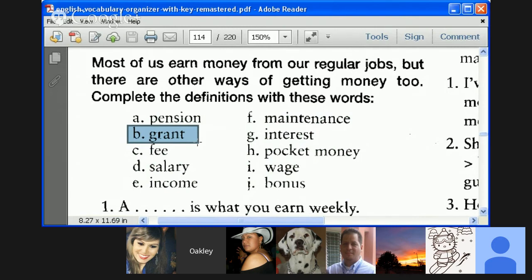Some types of organizations and businesses also give them. There are college grants. Microsoft gives money to students who meet their qualifications as a grant, a college grant. It's money that's just given for a specific purpose. That's a grant. So I can't say that parents give their children a grant.